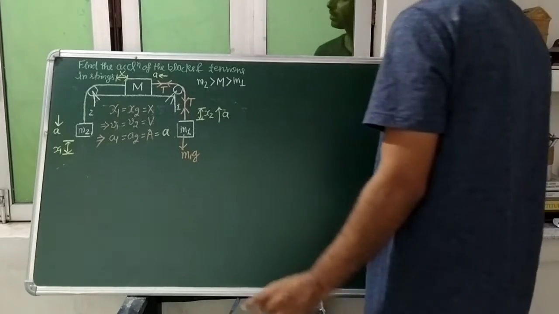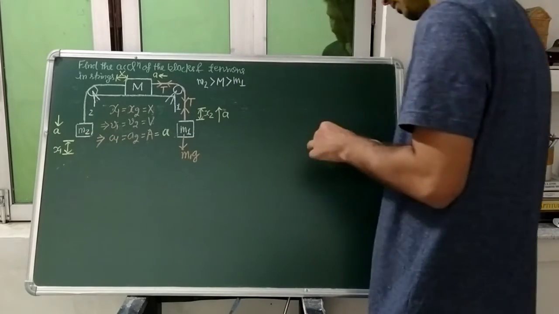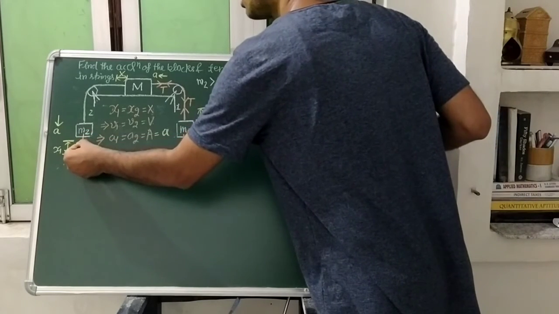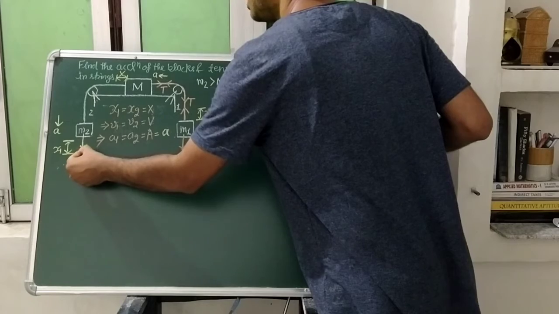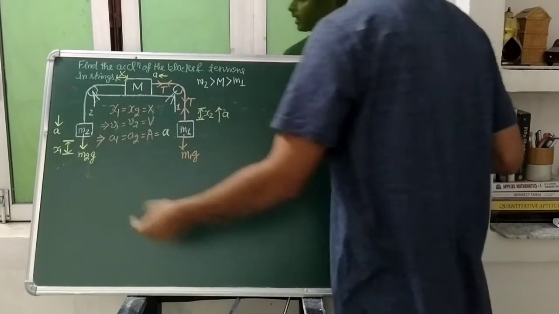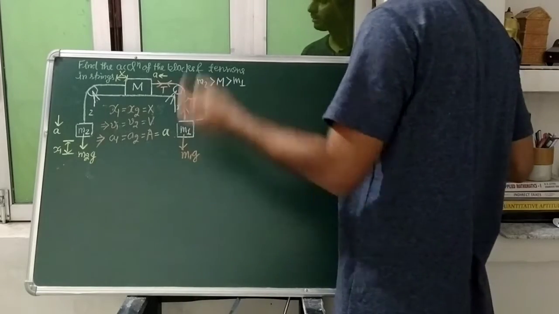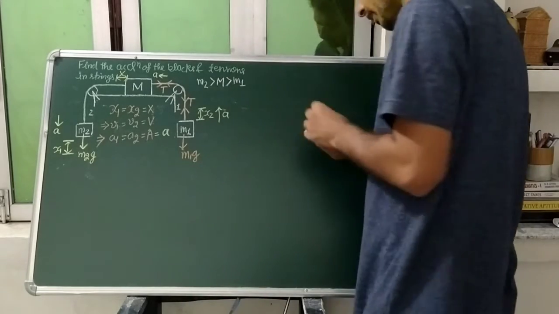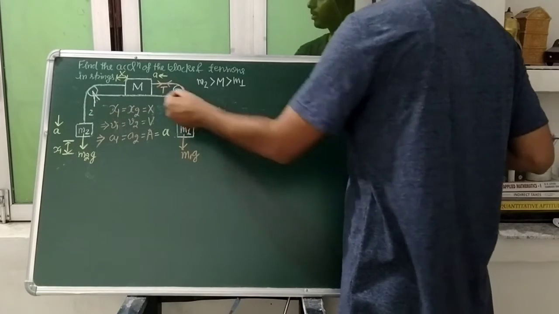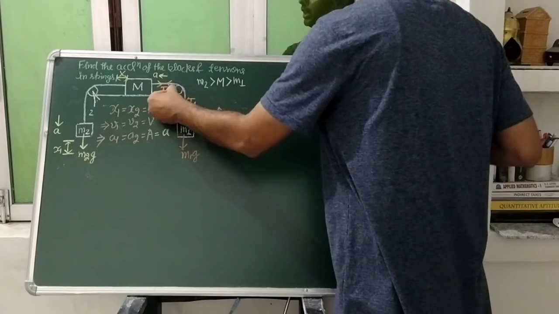And of course, students, when we talk about this block of mass M2, the force due to gravity, M2g, is going to act in the downward direction. Suppose, here you can assume, the tension is T1. It is the first string, so we can say the tension is T1.